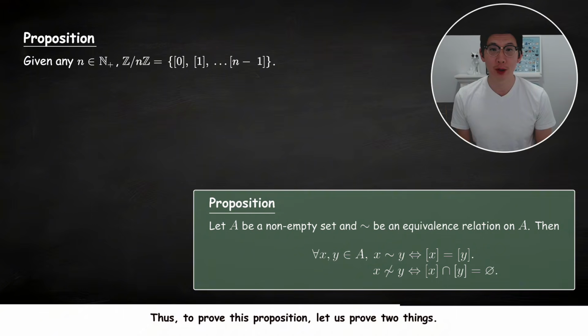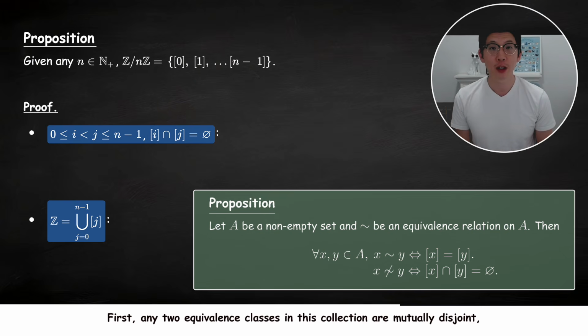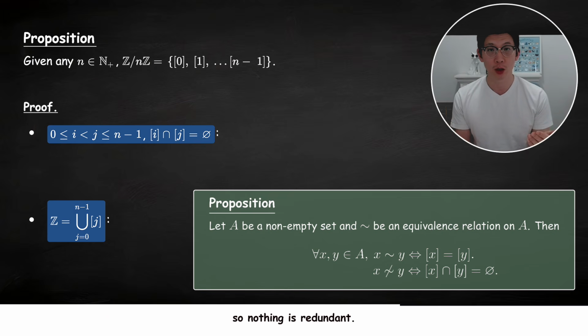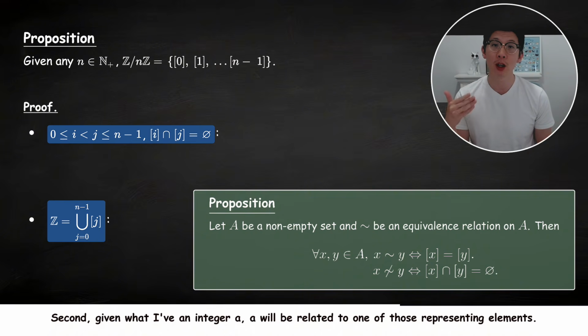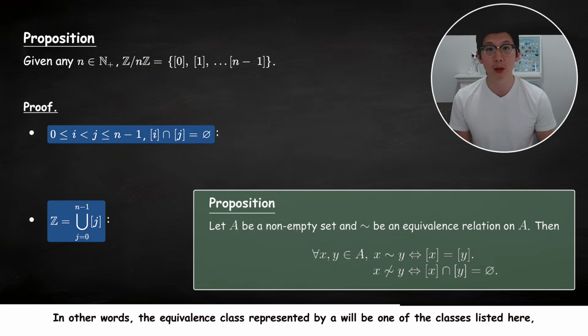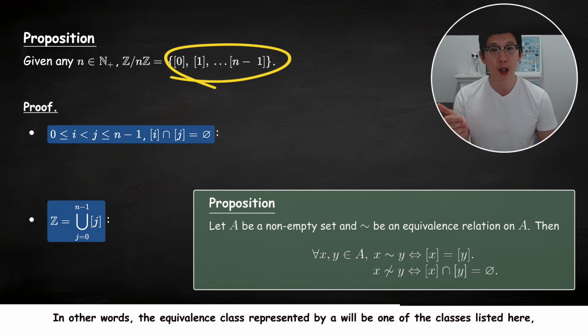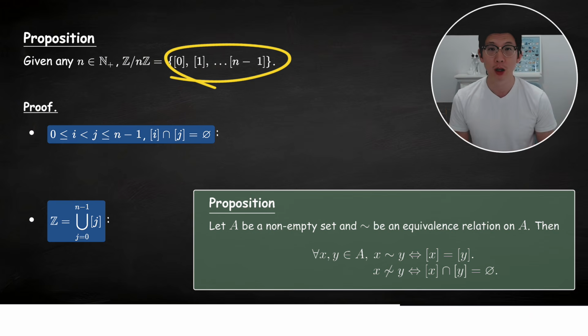Thus, to prove this proposition, let us prove 2 things. First, any 2 equivalence classes in this collection are mutually disjoint, so nothing is redundant. Second, given whatever integer a, it will be related to one of those representing elements. In other words, the equivalence class represented by a will be one of the classes listed here, so that we do not miss anything.